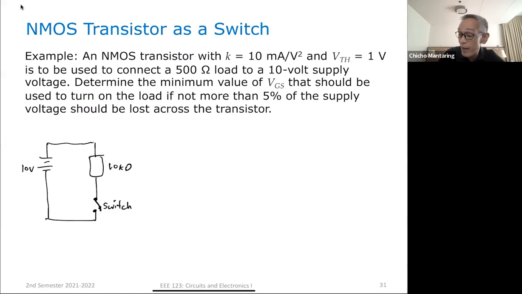Now, what if you want an electronic signal? So the point is, we now want an electronic signal to control this load. One option is, you already know, you can do it with a BJT. Another option, you can do it with an NMOS transistor. So how do you do that with an NMOS transistor? This is your load.